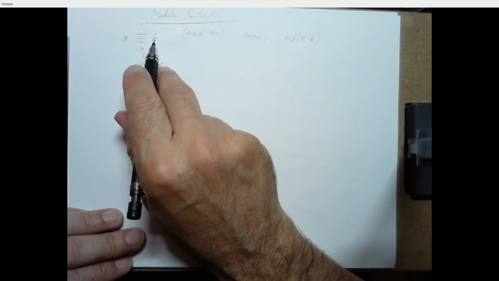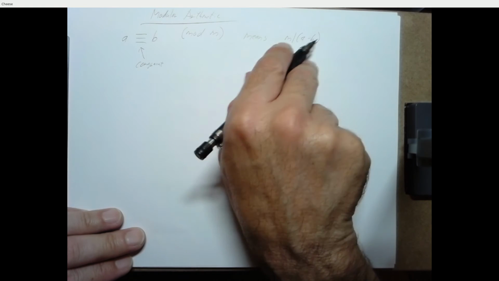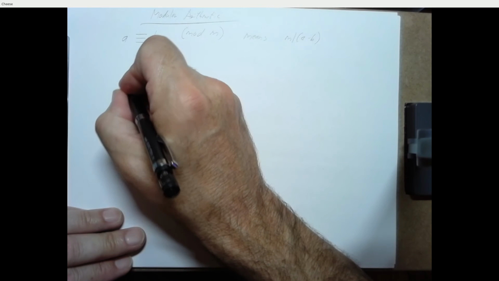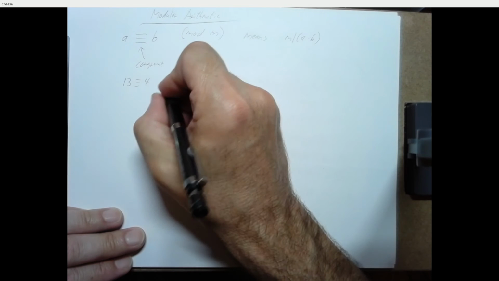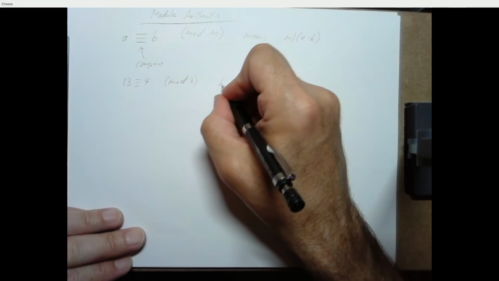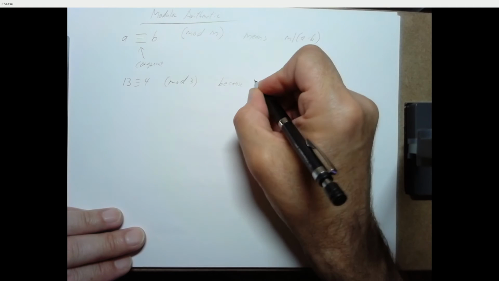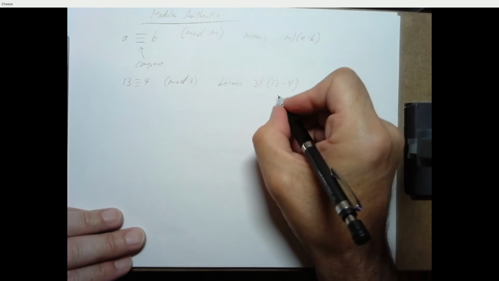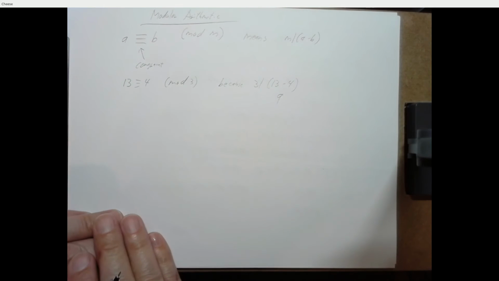A is congruent to B mod m means that m divides A minus B. So for example, 13 is congruent to 4 modulo 3 because 3 divides 13 minus 4. What's 13 minus 4? It's 9. 3 divides 9. So 13 and 4 are congruent modulo 3.